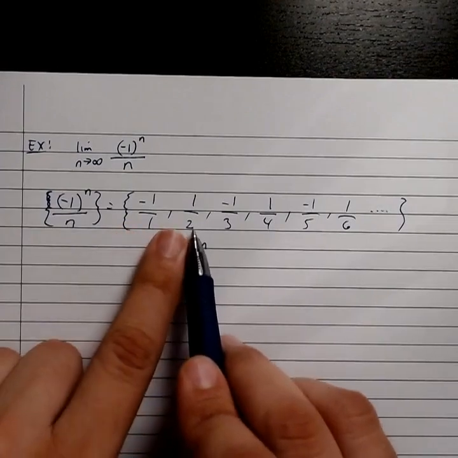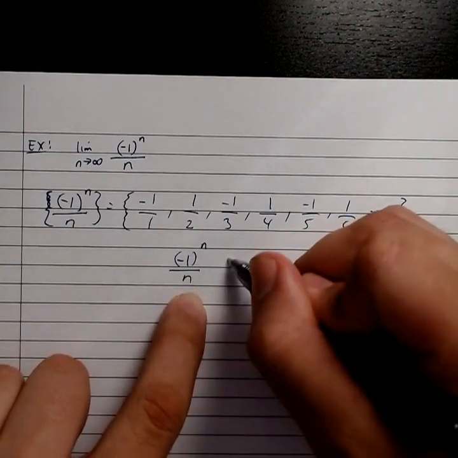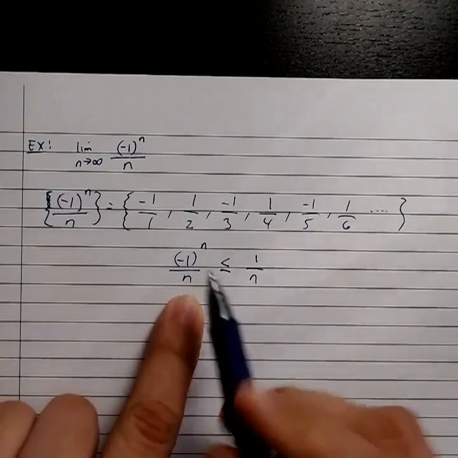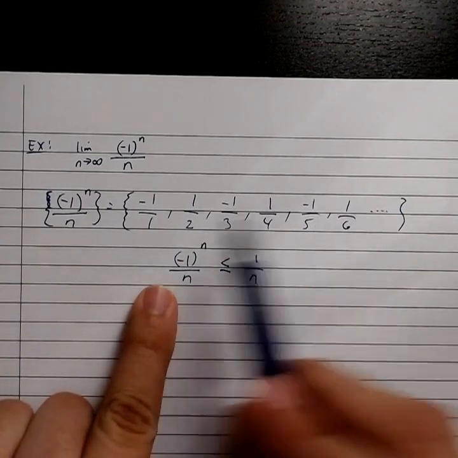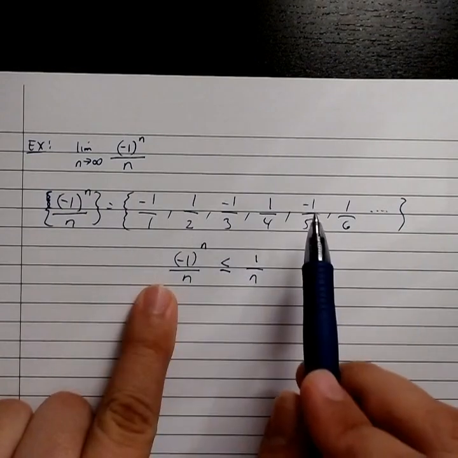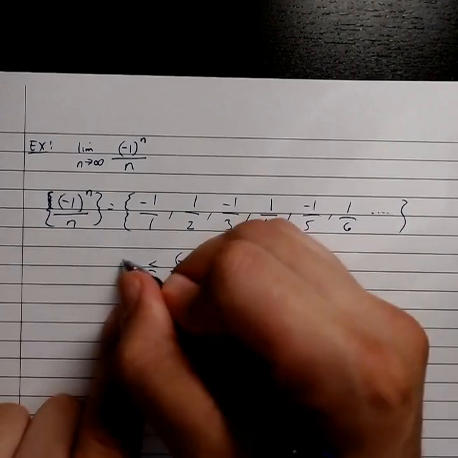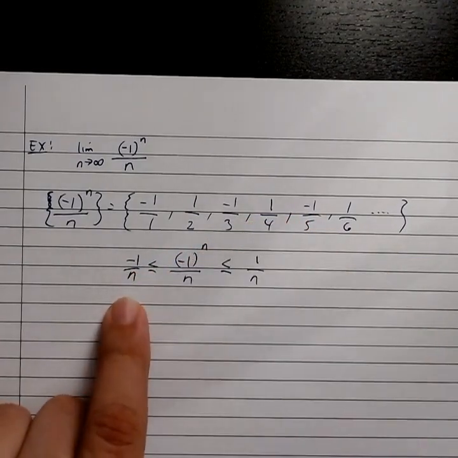If this was +1/2, well, it would be the same. So here, all of these terms are going to be less than or equal to if they were all positive. All right? But since some of these are positive, they're greater than if they were all negative. So here, that's going to be between -1 over n and 1 over n.